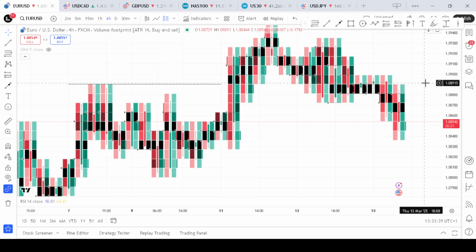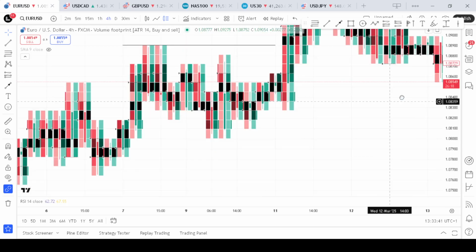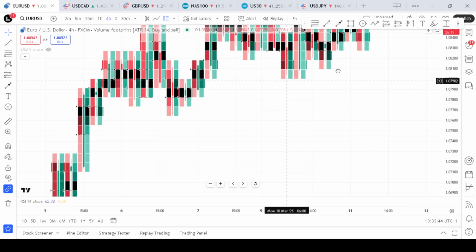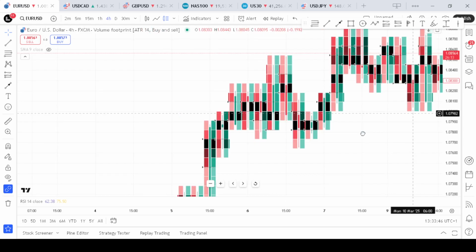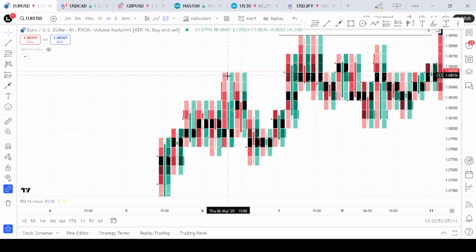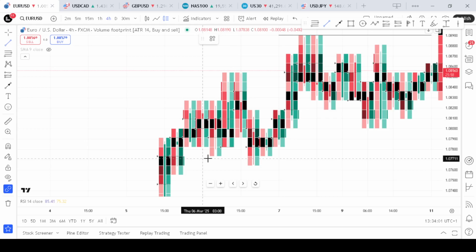When price is making a new high or a new low with declining volume, it may signal a potential reversal. At this area, when price was making a new high, here you can see the volume was declining and it ended up reversing and breaking the previous low at this area. Even if it wasn't sustained, it's just to get the idea of what we are talking about.